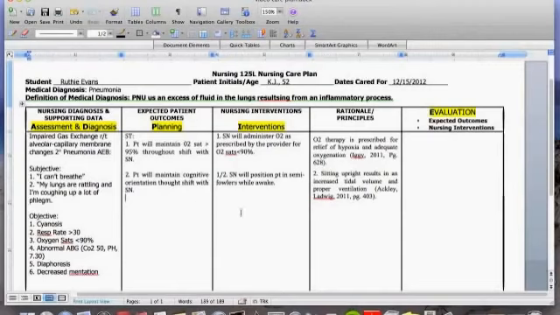Also, we kind of want to say here, well, how are we going to make sure that this patient's maintaining cognitive orientation? Well, we're going to monitor this patient.